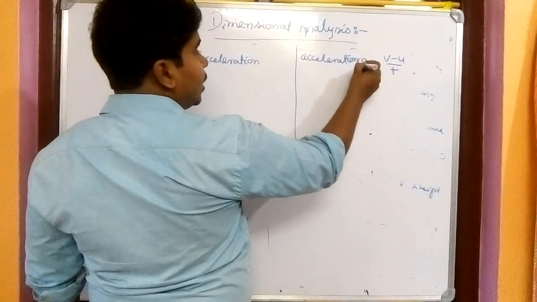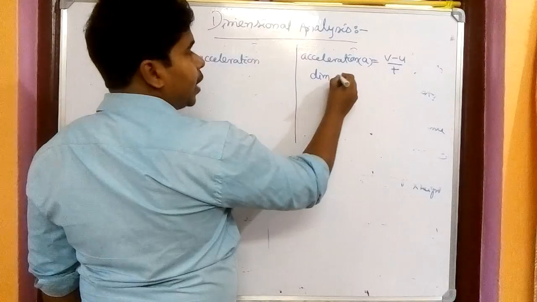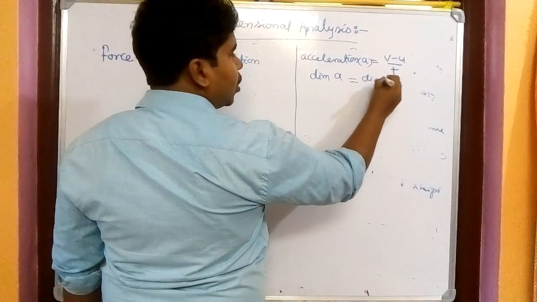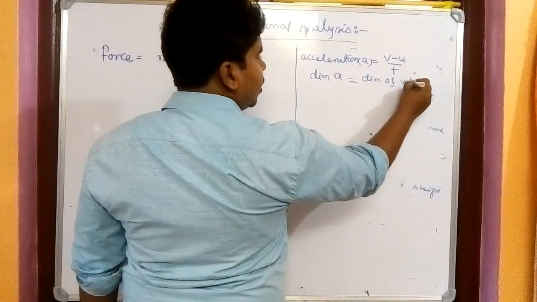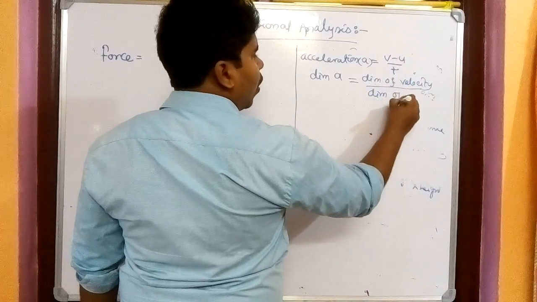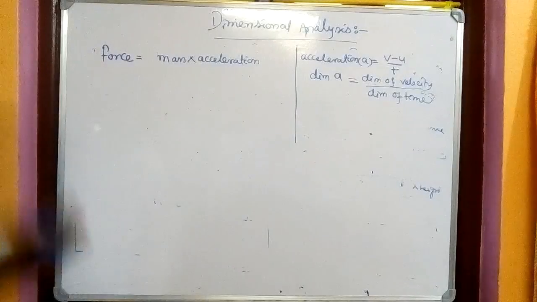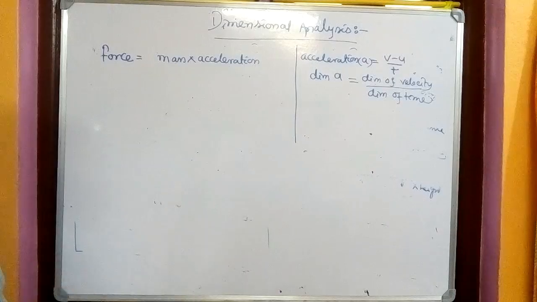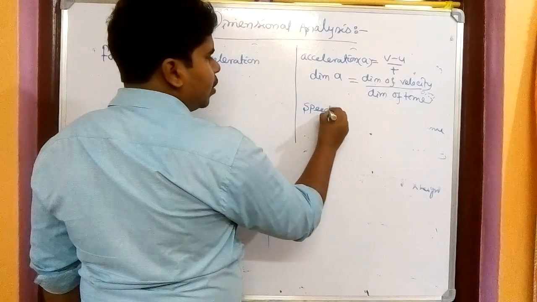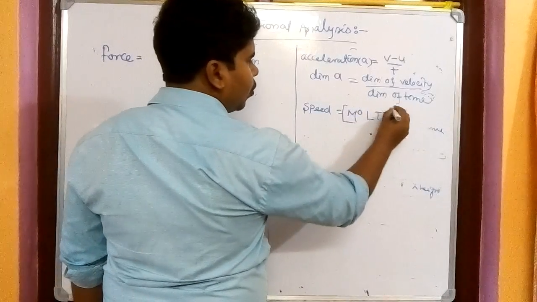So the dimension of acceleration, dim a, equals the dimension of velocity by the dimension of time. What is the dimension of velocity? We know the dimension of speed equals M to the power 0 L T to the power minus 1, just now we have seen.